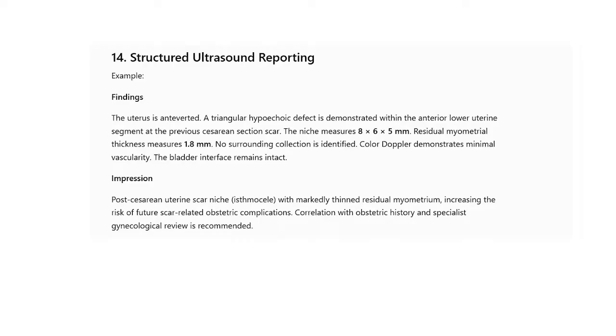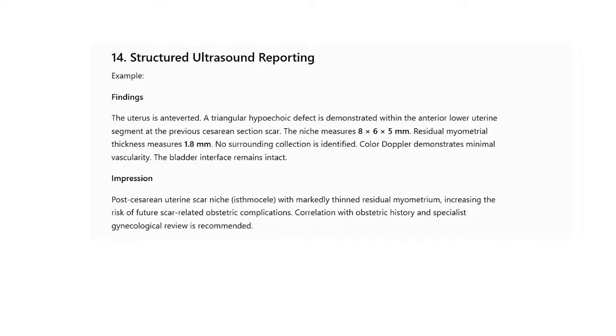No surrounding collection is identified. Color Doppler demonstrates minimal vascularity. The bladder interface remains intact. So the impression: post-cesarean uterine scar niche is present with markedly thinned residual myometrium, increasing the risk of future scar-related obstetric complications. Correlation with obstetric history and specialist gynecology review is recommended.